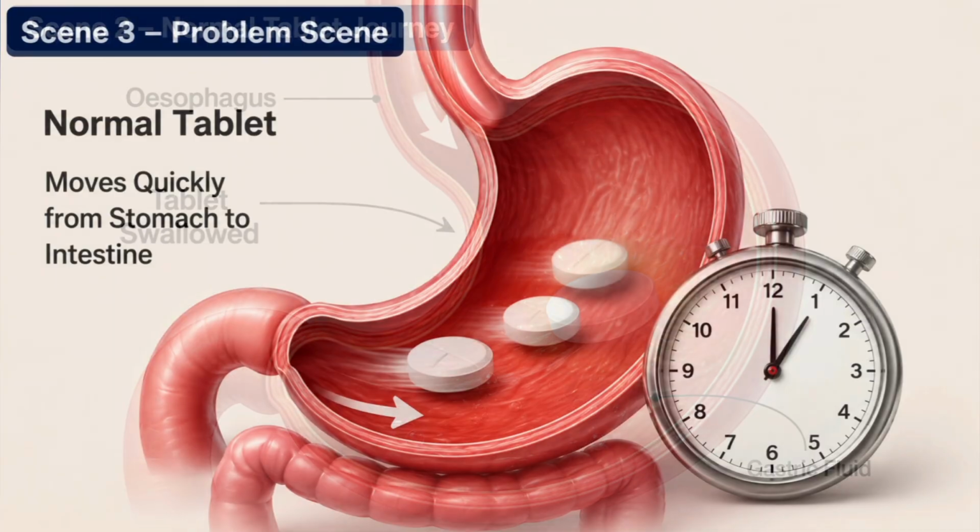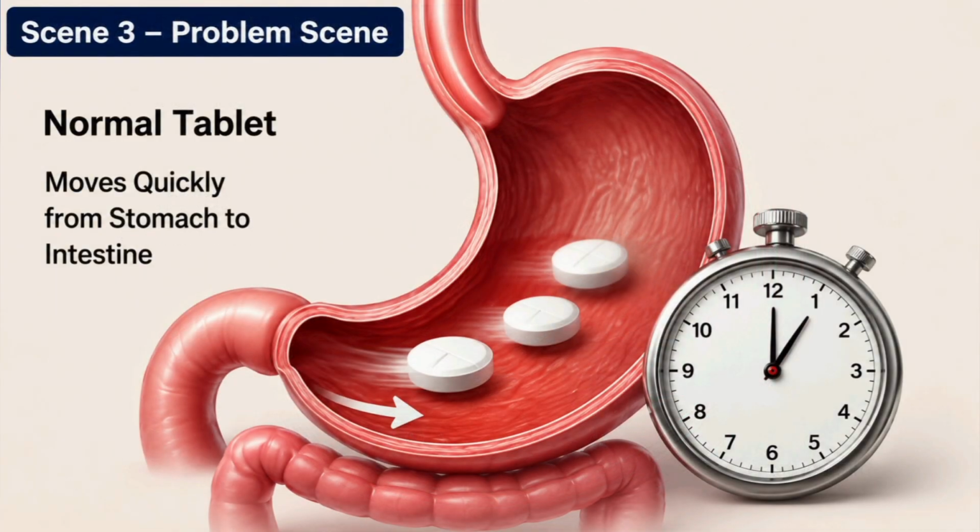Okay. So here comes our pharmaceutical problem. A conventional tablet may move relatively quickly from the stomach into the intestine. Suppose a drug has a narrow absorption window in the upper GI tract. If the tablet passes that region quickly, what may happen? Drug absorption may become incomplete here.